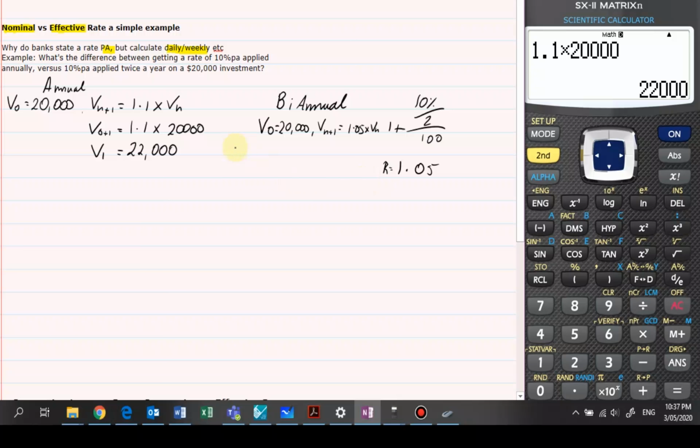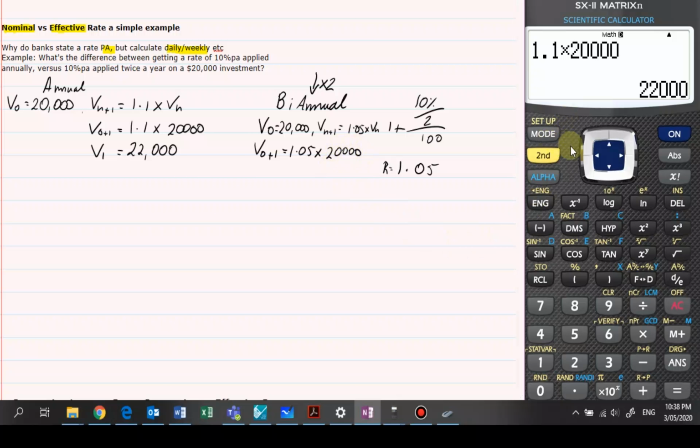Okay, so the difference here is that to get it over 12 months, we're going to need to apply this one twice. So first thing we do, calculate V0 plus 1 is equal to 1.05 times $20,000.